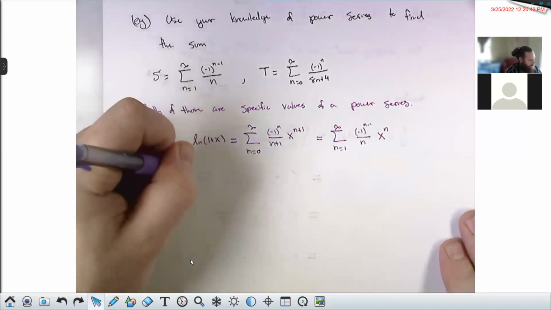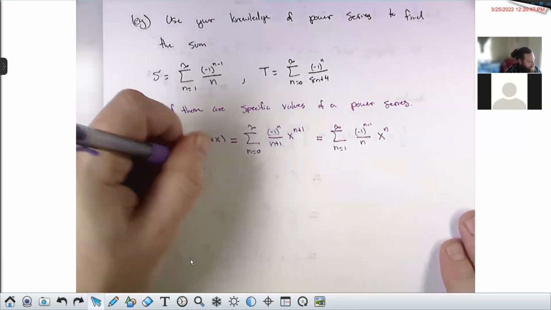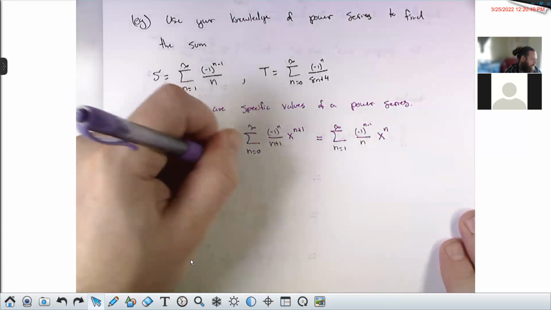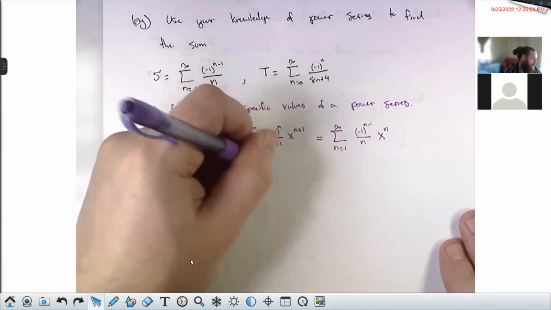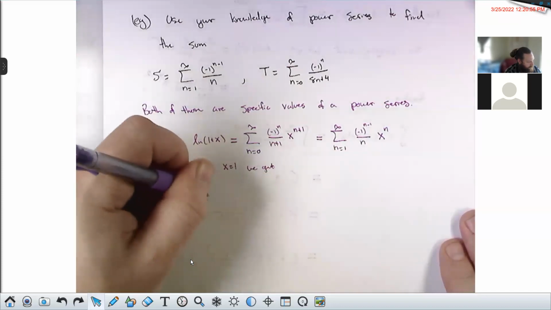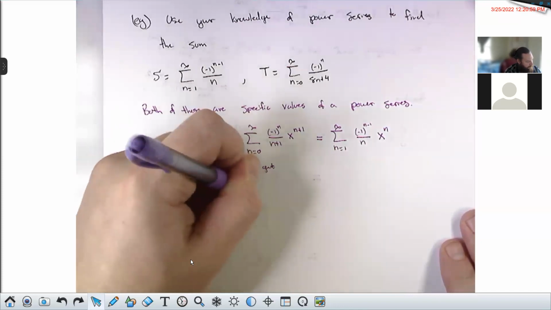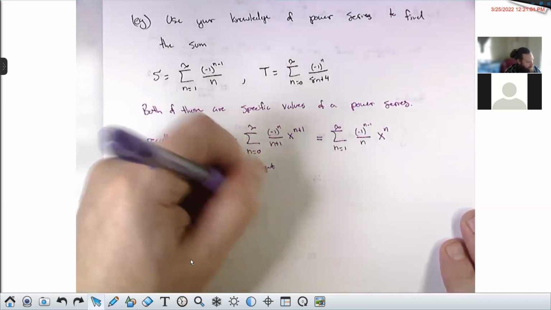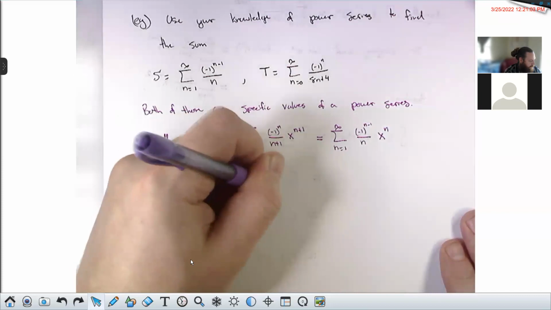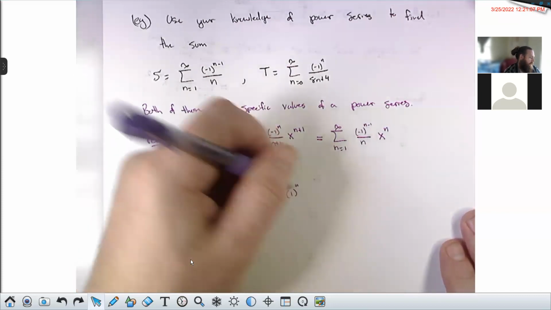So plugging in x equals 1, we get the natural log of 1 plus 1 is equal to sigma n from 1 to infinity, negative 1 to the n minus 1 over n times 1 to the n.